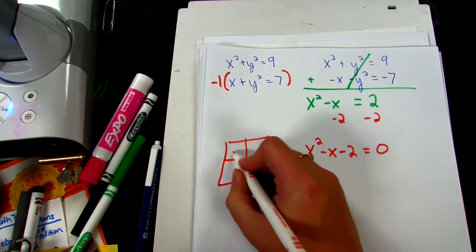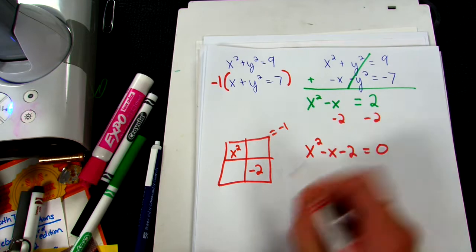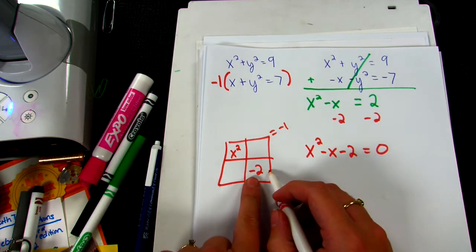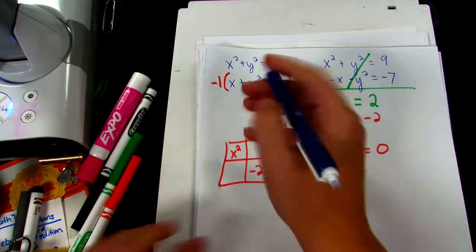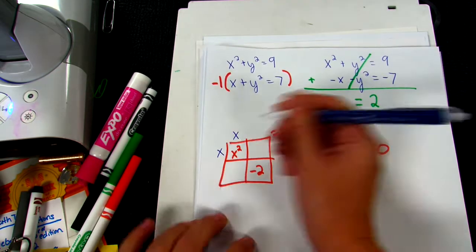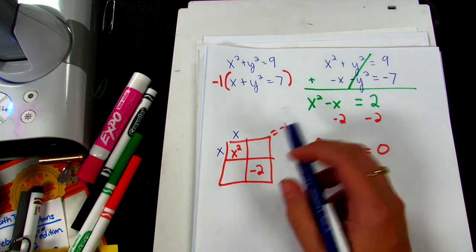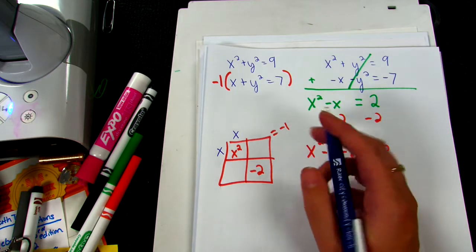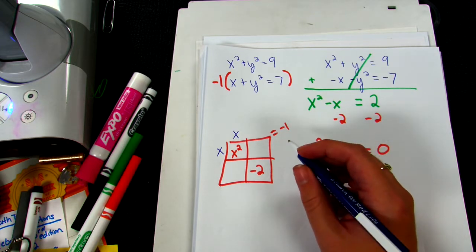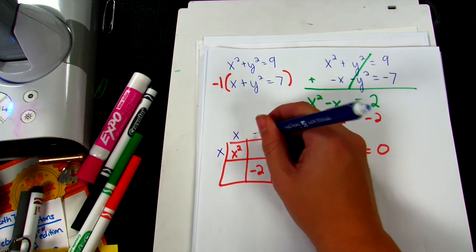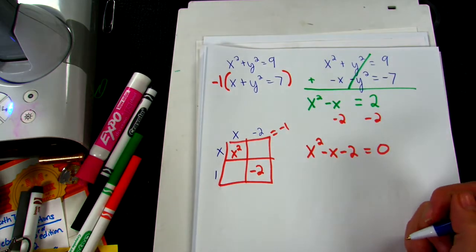So we are looking for two numbers that multiply to negative 2 and add up to negative 1, right? We know that this will be x and this will be x. So factors of negative 2, it's either 1 and 2 or 2 and 1. So let's think, if we do negative 2, positive 1, that should add up to negative 1, right?